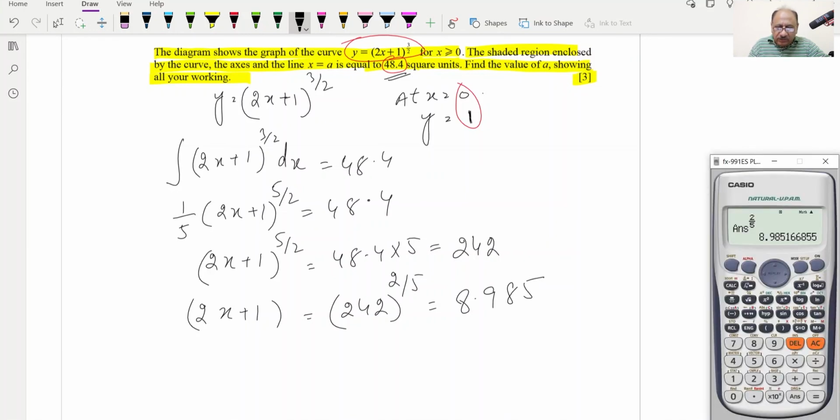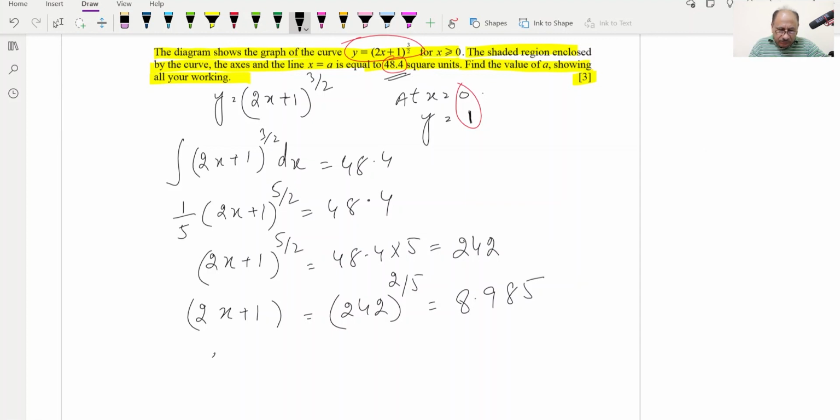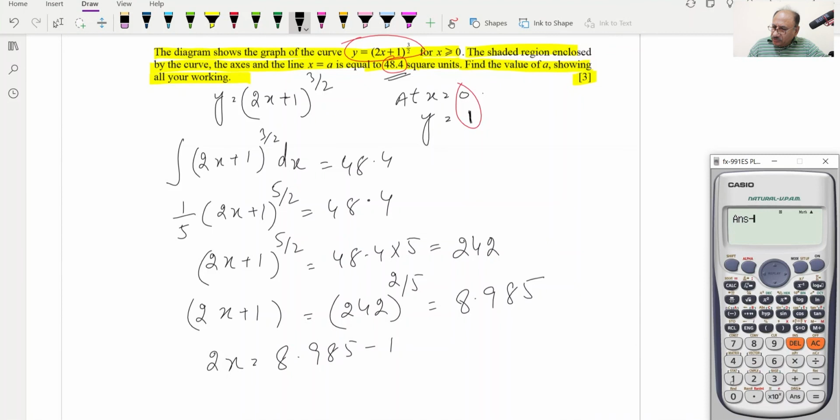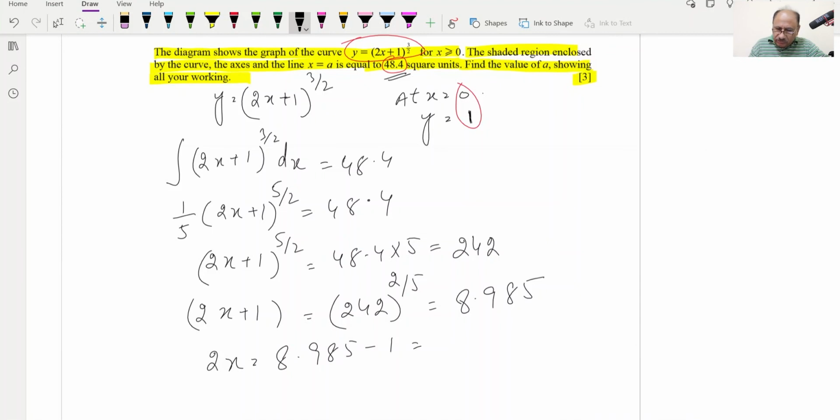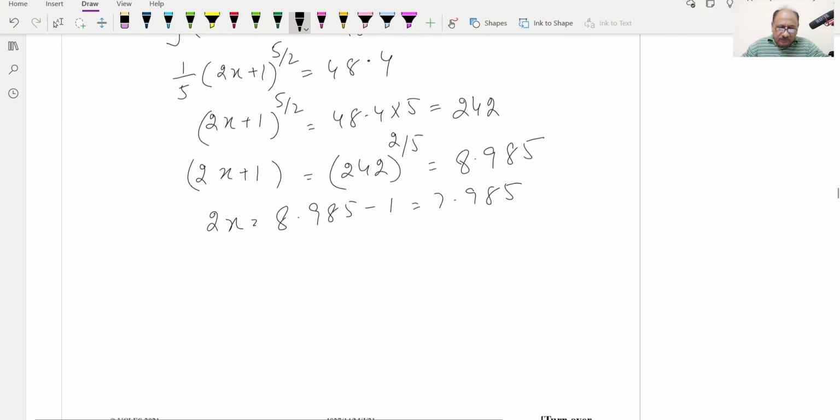And now we can shift 1 to this side, so 2x will be equal to 8.985 minus 1, which results in 7.985, and further we can divide it by 2 to get the value of x.